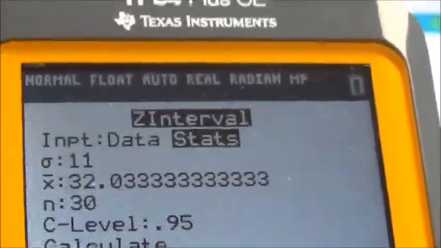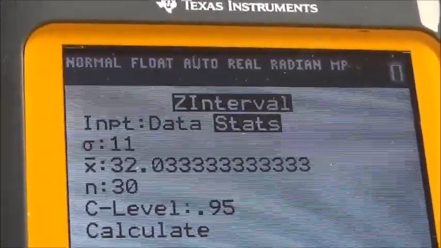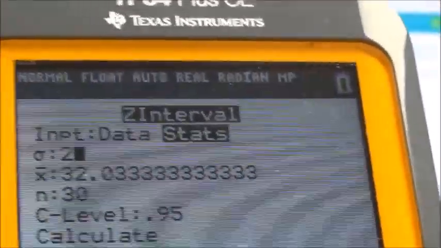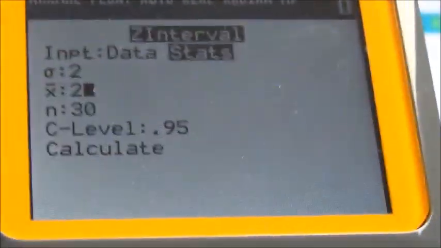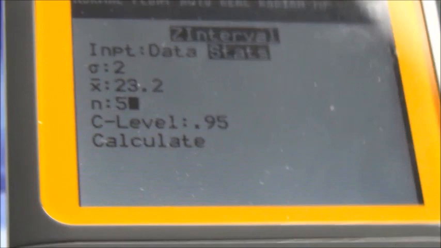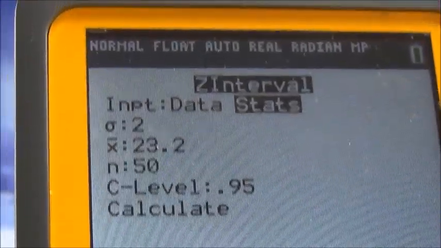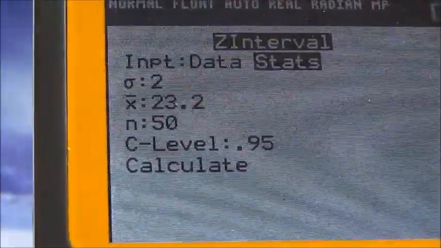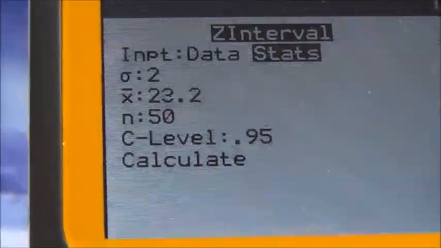Then I have to put in the information that I know. So my standard deviation on the one we're trying is 2. My mean X bar is 23.2. And the number of items is 50. My confidence level is 95%. So I put in my standard deviation, my X bar, and my number of values, calculating 95%, and I'm going to calculate.